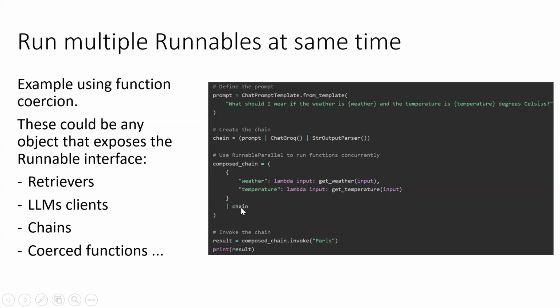My next component is what? It's a chain now. So what I have done, I had those 3 components, I clubbed them together and created a different chain. Now I have 2 chains. This is the compose chain, which is invoking another chain, right? And the first component of this chain is my prompt. And this prompt, if you see, is looking for 2 values, weather and temperature. I hope this is clear, everyone. So in this case, the lambdas, get weather and get temperature, will be executed in parallel.